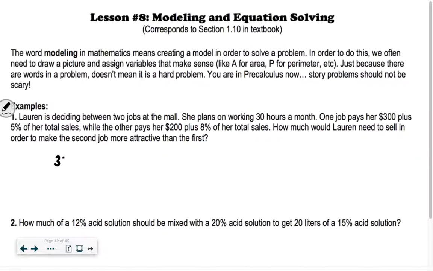So if I have 300 and I add 5% of the total sales, this is where we need to define a variable. This is the only time I don't use an S. I would use an X because my S's look like 5s. So we're going to say let X equal her total sales.